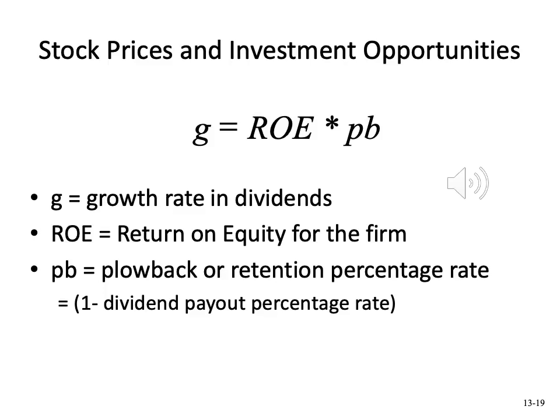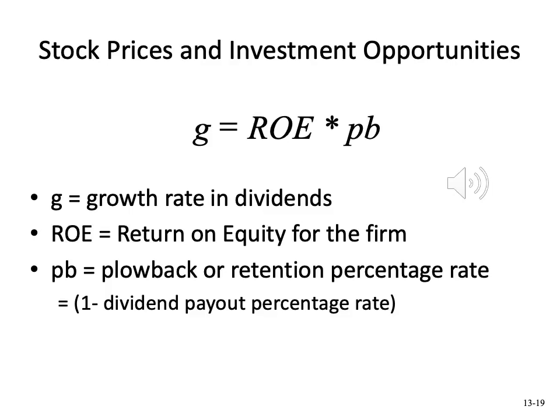For example, if the financial manager decides to keep $3 to invest in the new projects in the company and pay out only $2 as dividends, then the dividend payout percentage will be 2 divided by $5 earnings, 40%. So the remaining $3 will be plowed back in the company to invest in the new project.